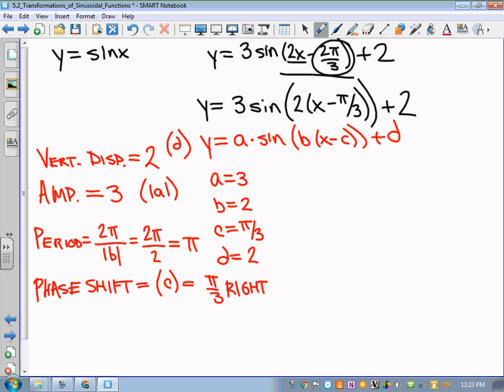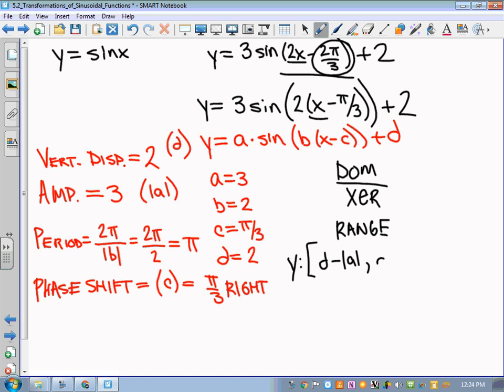All right, domain and range. Now domain is nice. The domain of these functions, there is no invalid input for this x, so x is an element of the real. The range is a little bit trickier, and I want to put in a formula here because it's really useful that my range, in terms of y, is always going to be d minus the absolute value of A to d plus the absolute value of A. That is one of those nice universals that when we're talking about sine and cos, you can jump to right away.